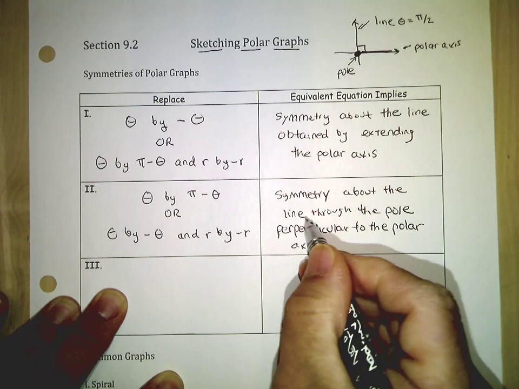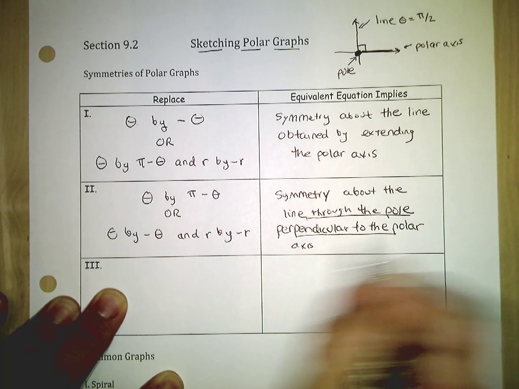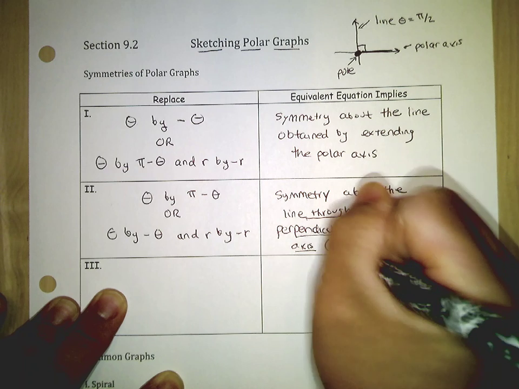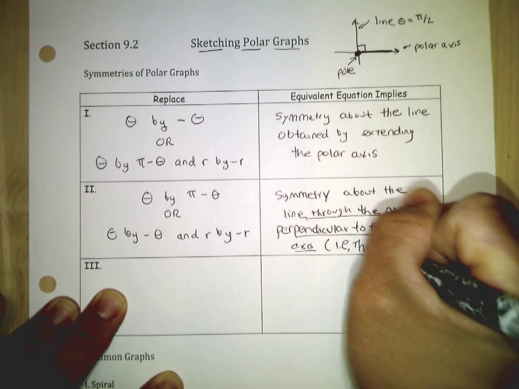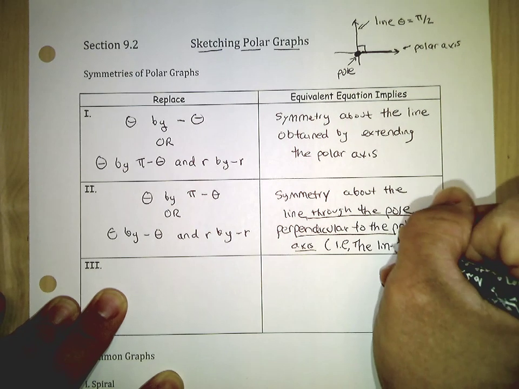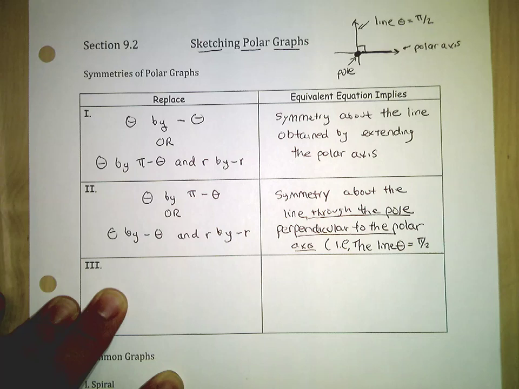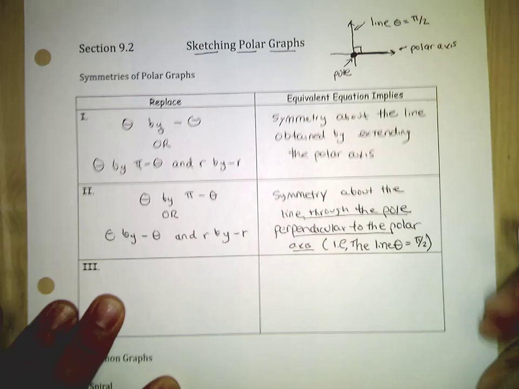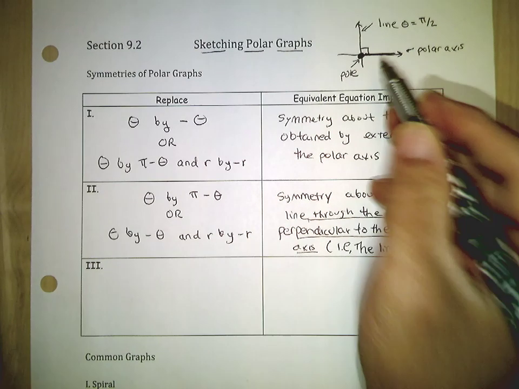And this line through the pole perpendicular to the polar axis is the line theta equals pi over 2. So that's why this was important up here.